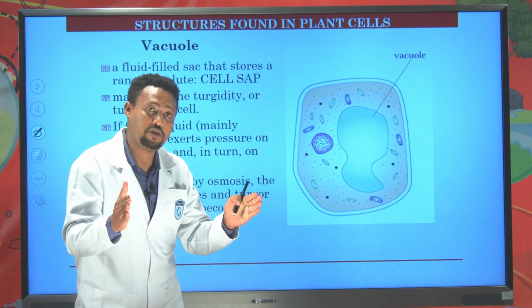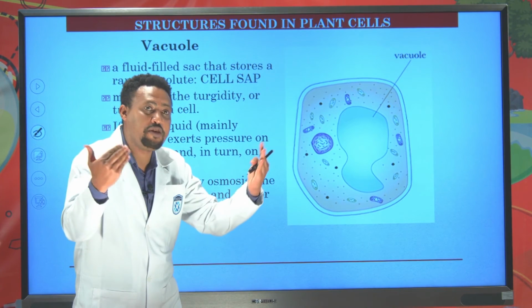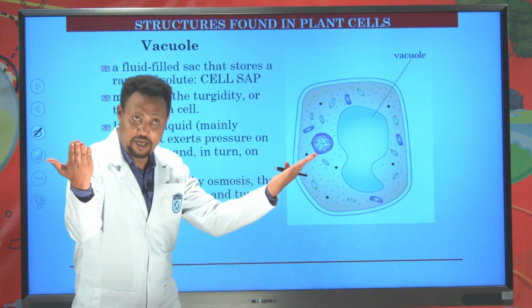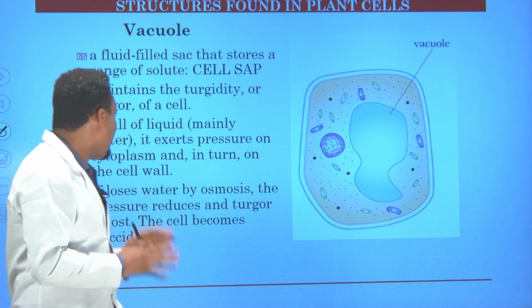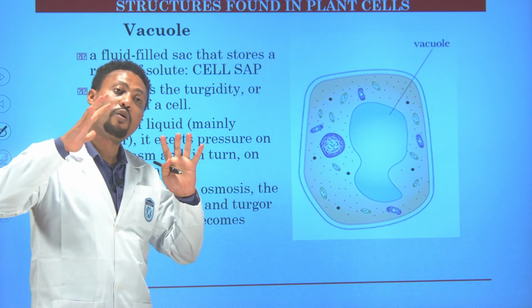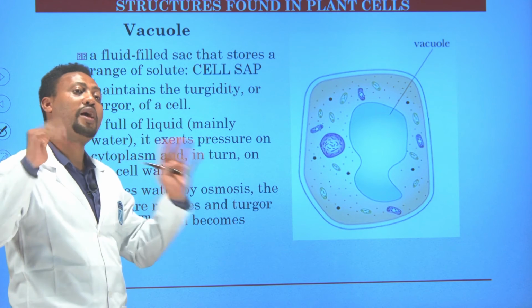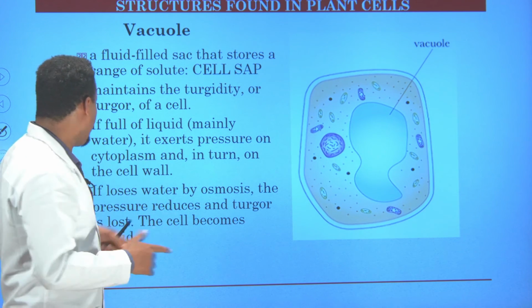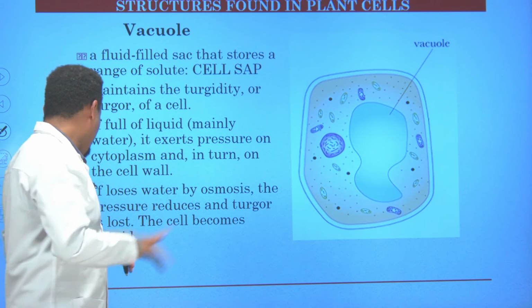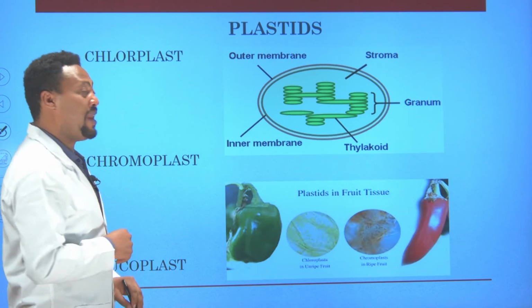It keeps them turgid so that leaves stay erect even though they are thin, during photosynthesis. So it maintains the osmotic balance of the cell. It gives them more turgidity, and that is important for plants.